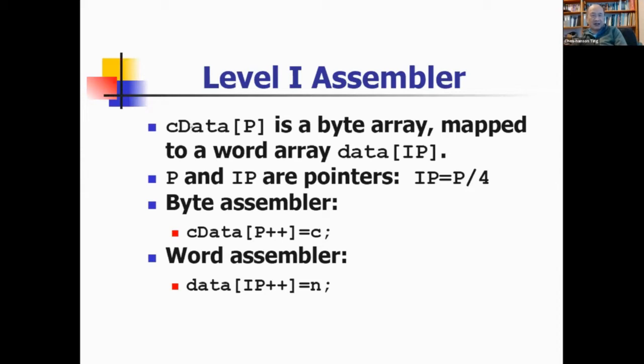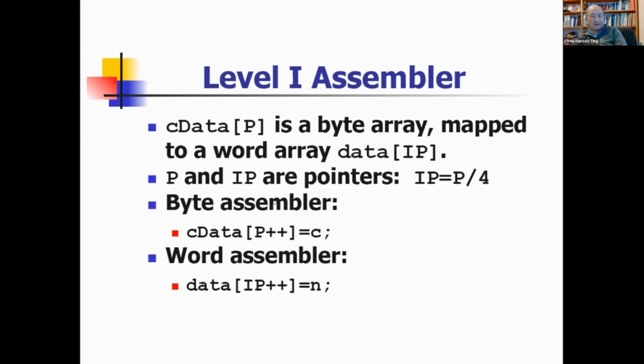The C data is a byte array, and the data is the same array, but organized in words. The pointer P is a byte pointer, and pointer IP is a word pointer. P and IP are always related by a factor of 4.